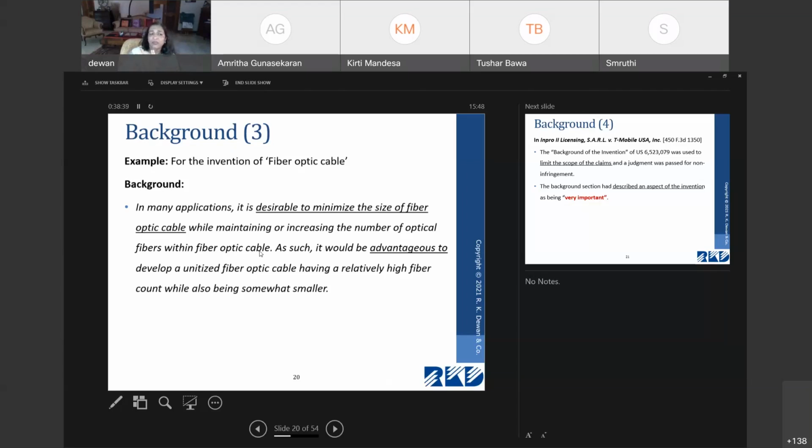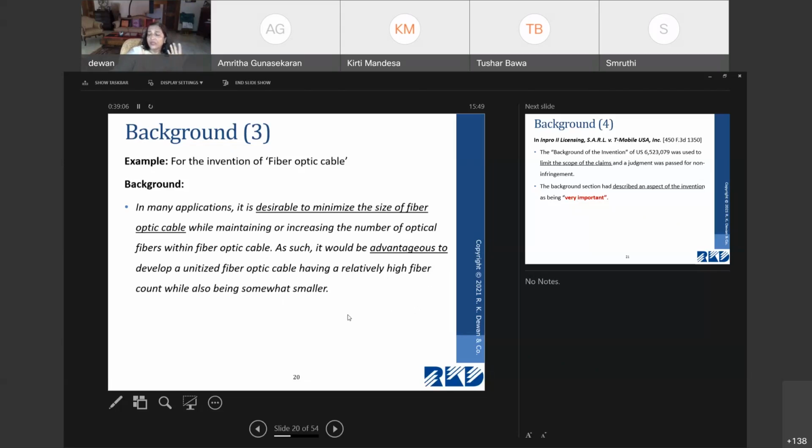So here in the background, we have simply said that while maintaining or increasing the number of optical fibers, I need to also decrease the size, the diameter, the breadth of the cable. So as such, it will be advantageous to develop a unitized fiber optic cable having a relatively high fiber count while also being somewhat smaller, right?